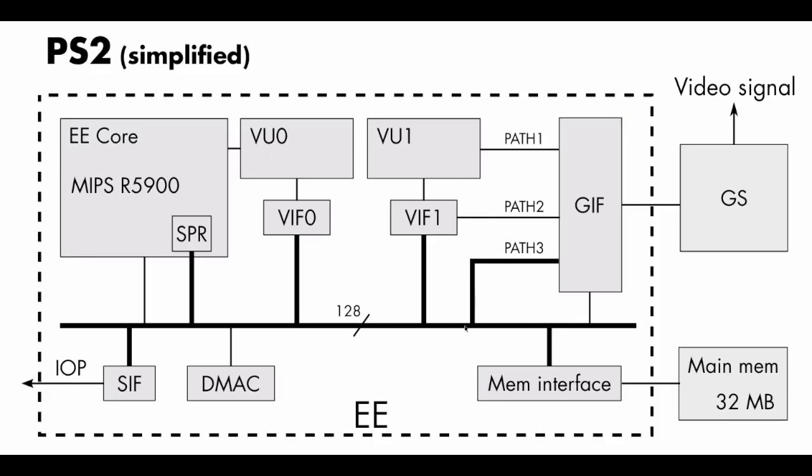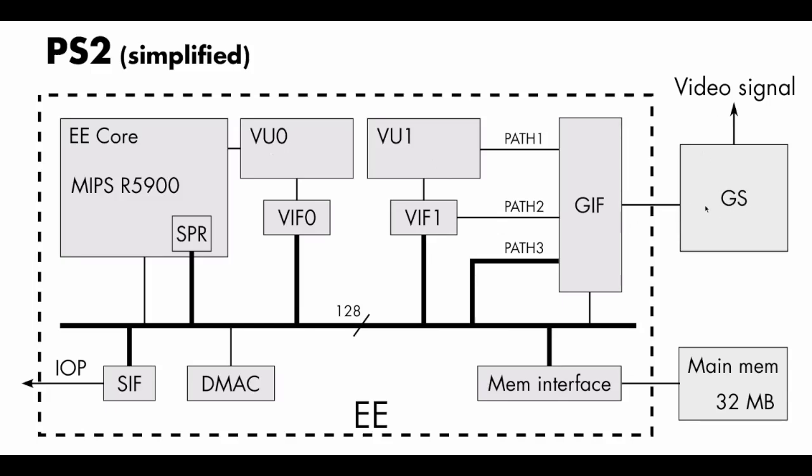And the vector unit with its interfaces, so IF always stands for interface, as well as the main memory bus are connected to the graphics interface, the GIF, which is what you talk to in order to control the GS, the Graphics Synthesizer.